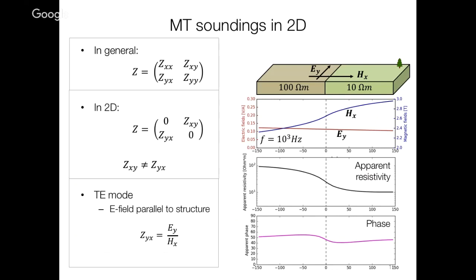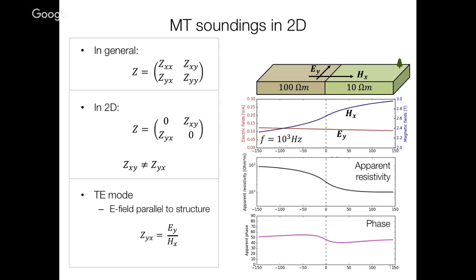And the magnetic field is smoothly varying like this, so the apparent resistivity does something really quite nice. Over here, it's 100 ohm meters, and over here, it's 10. So that's a nice apparent resistivity curve. And that is what happens when we take the ratio of EY to HX. So that's the TE mode.